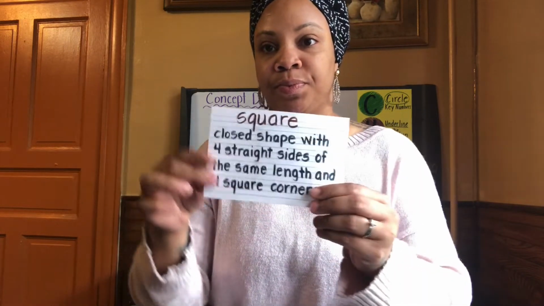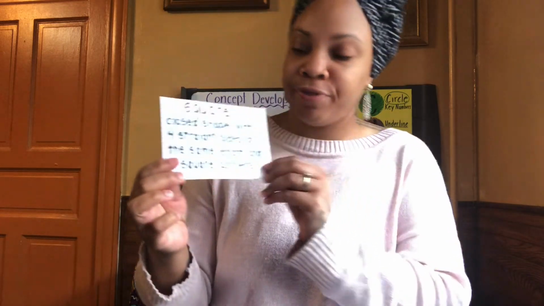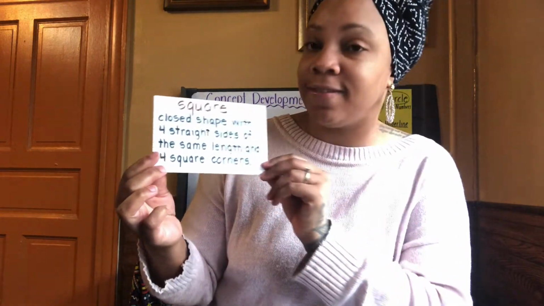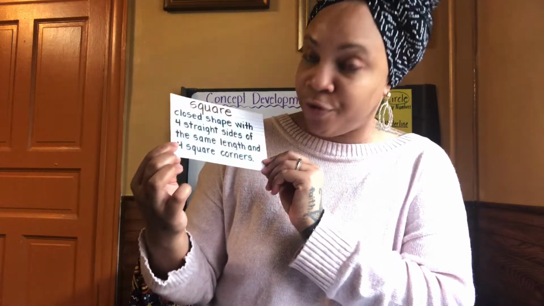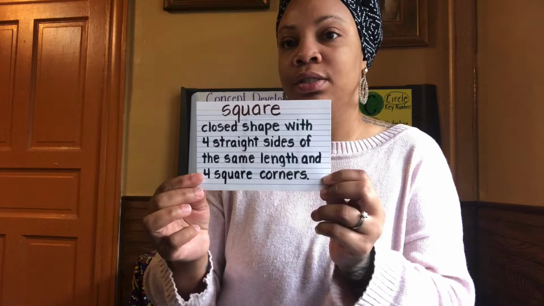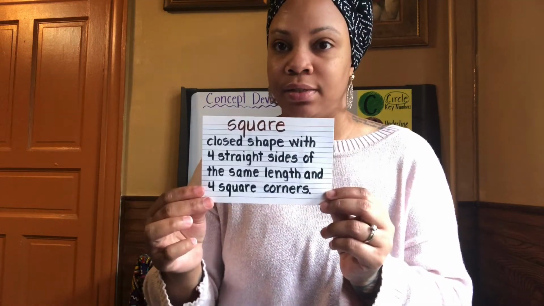The next shape is a square. A square is a closed shape with 4 straight sides of the same length, and that's important, and 4 square corners. And later on in the lesson, we'll learn exactly what a square corner is.